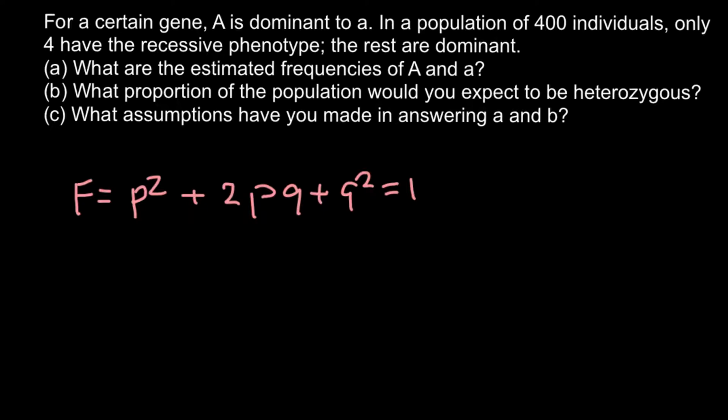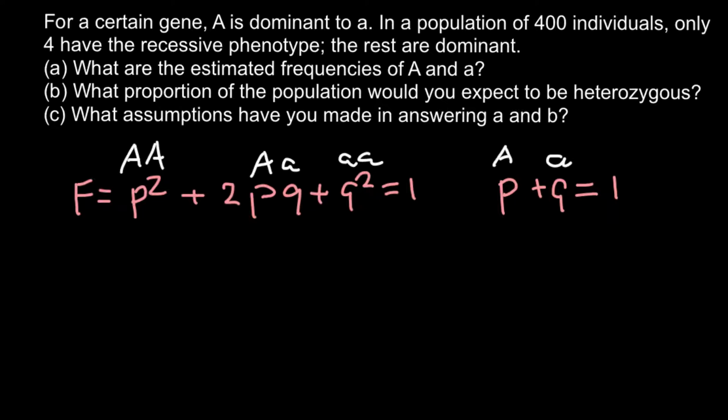In this formula we are using p and q, so these two alleles make 100% of the alleles in the population, and p stands for the dominant allele A and q stands for the recessive allele a. So p squared stands for the homozygous dominant genotype, and 2pq stands for the heterozygous genotype. q squared stands for the homozygous recessive genotype.